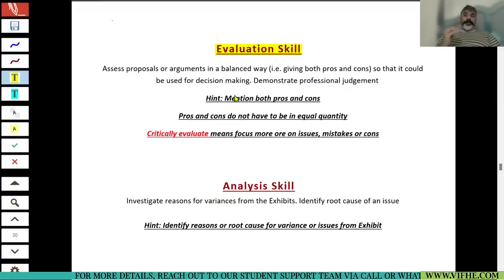And then we also have to talk about the disadvantages or the cons of the ACCA degree: it's a little bit tough, it is expensive, the CBE platform is bad. So evaluation skill is very simple. You have to include both plus points and minus points. If you include both of them, automatically you will get evaluation skill marks. Is that clear?